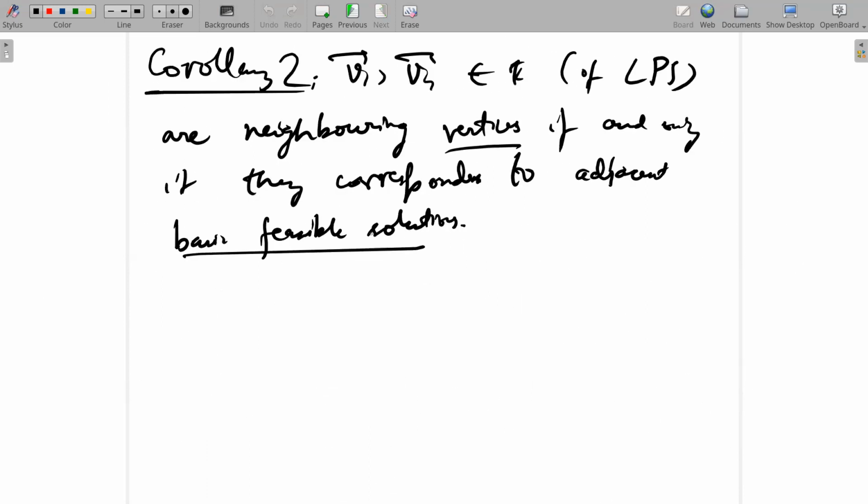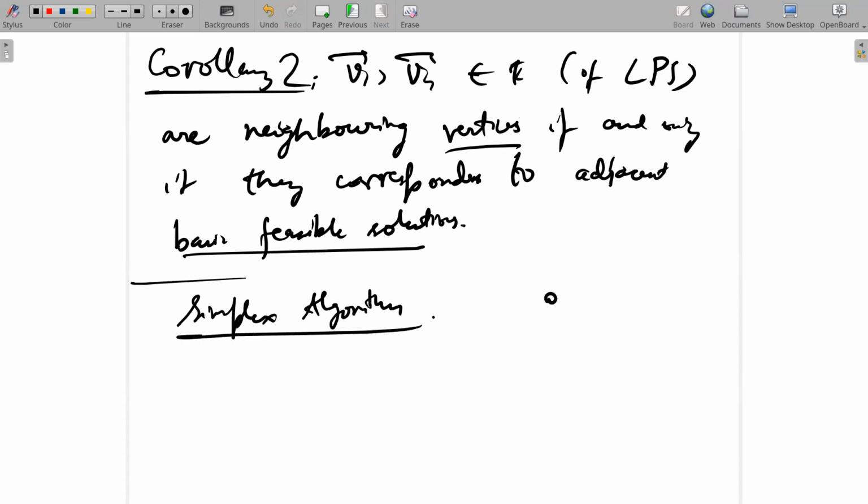All right, and the reason we cared about neighboring vertices is because of the way simplex works. So let's do some sort of flow chart of simplex. So essentially, you want to solve a linear program. First you determine whether it is feasible or not by some means.